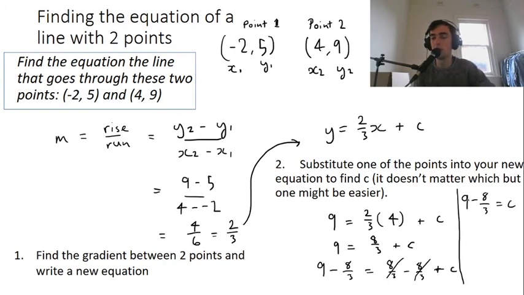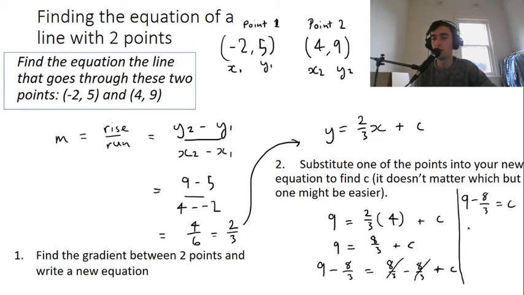Now, how do we make this into a fraction? When we're subtracting a fraction from a number, we need to make both of them into fractions. So we're very close to finding c. All we have to do is subtract these two. And again, if you want help subtracting fractions, let me know.